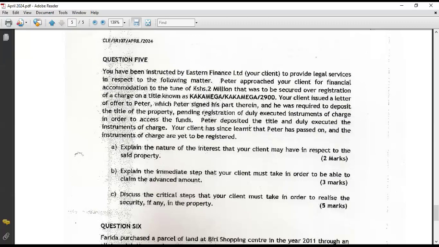Since it has not been put to use, it is important that it be recovered. Good interpretation. He duly executed the instrument of charge in order to access the funds, and he deposited the title deed with Eastern Finance Limited.